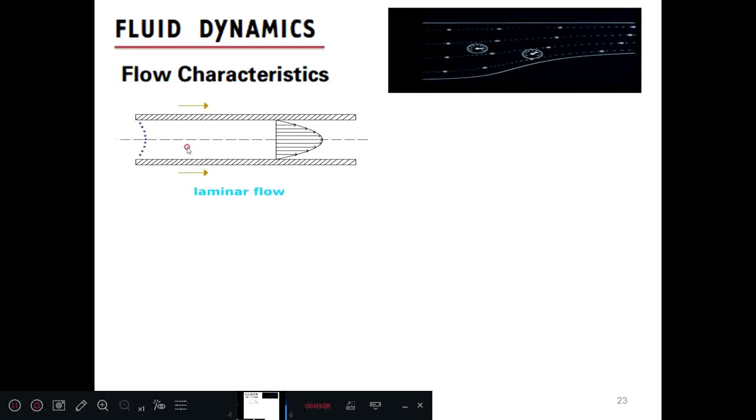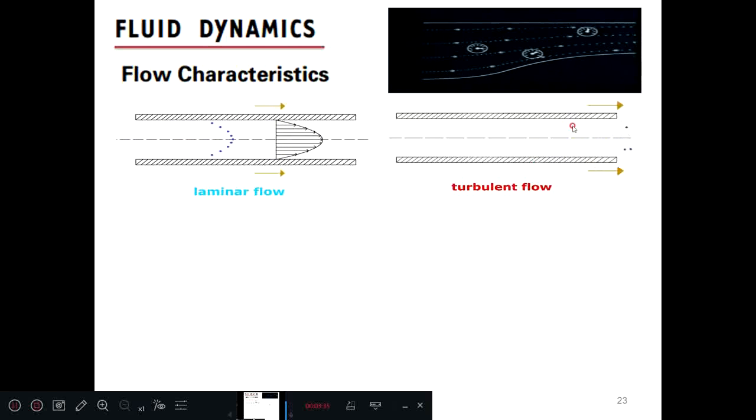This fluid motion will have a certain velocity. If this velocity exceeds a certain limit, that is, above a certain critical speed, the fluid flow becomes turbulent.